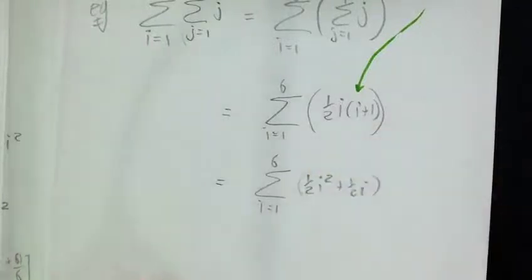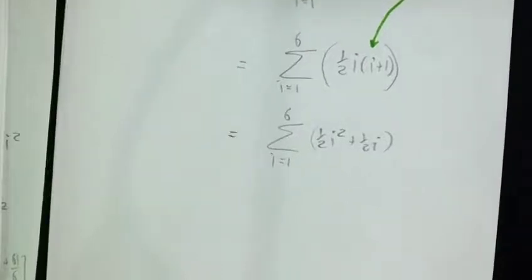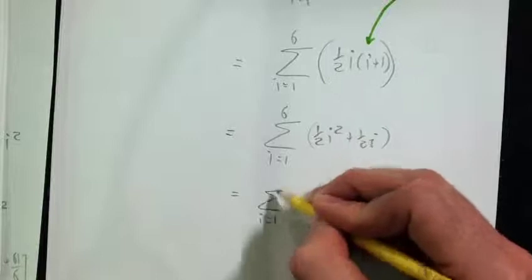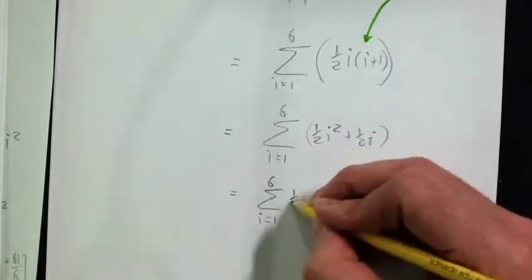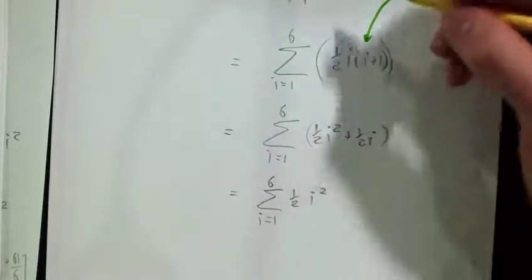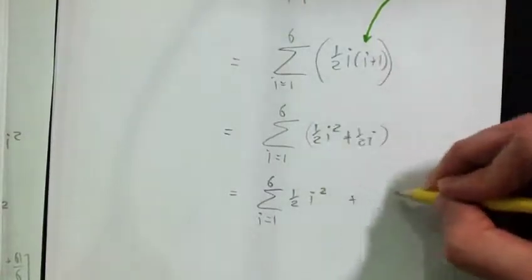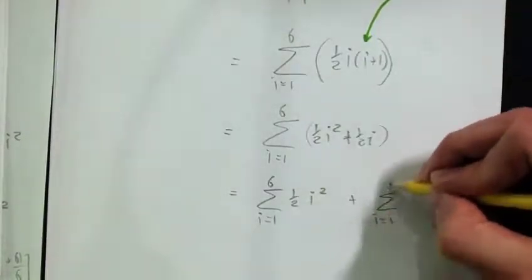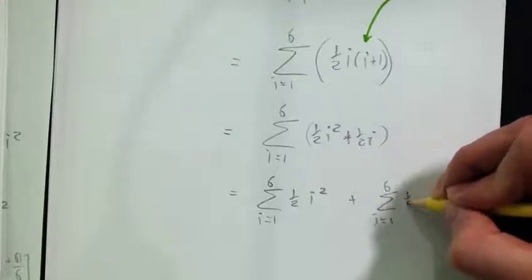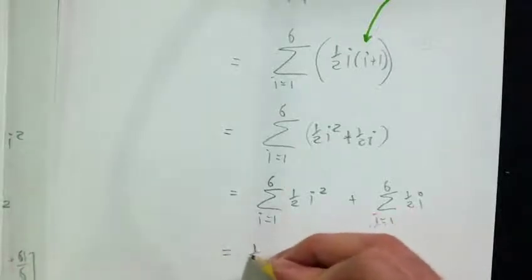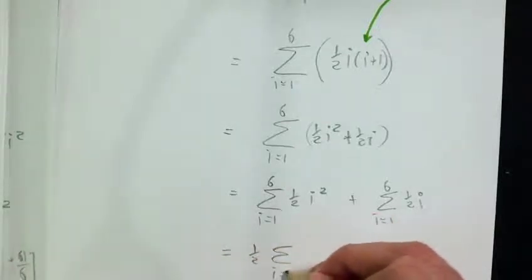I'll expand that out. And then according to the rules of sums and how they interact with pluses, I can do each of these separately. Like that. And finally, I can bring the half out the front of each of those.